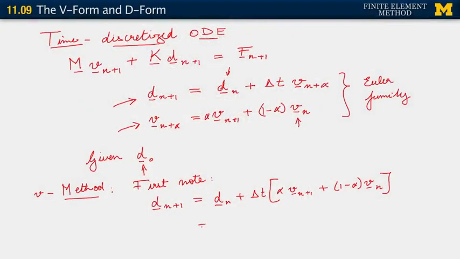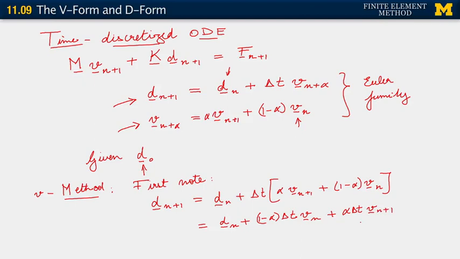Now, in the next step, we rewrite the right-hand side as dn plus 1 minus alpha delta t Vn plus alpha delta t Vn plus 1.